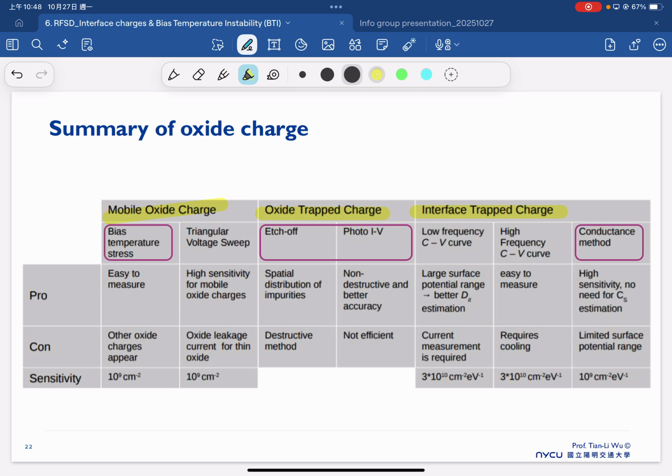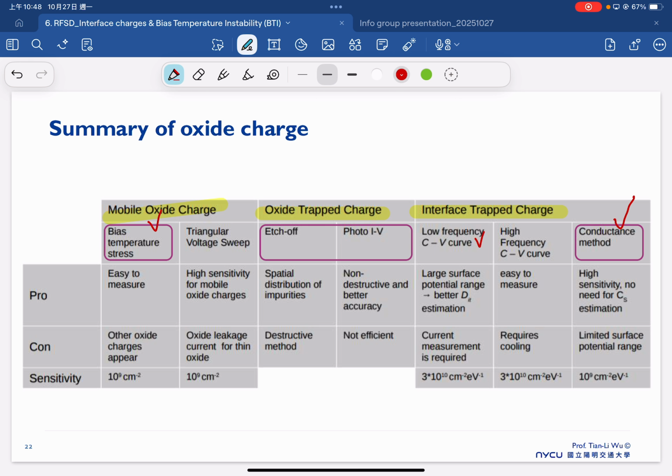The most often used characterization methods are, for example, bias temperature stress, CV measurement, and also the conductance method, to evaluate the amount of these different kinds of charge.